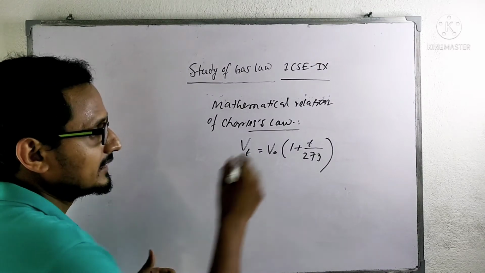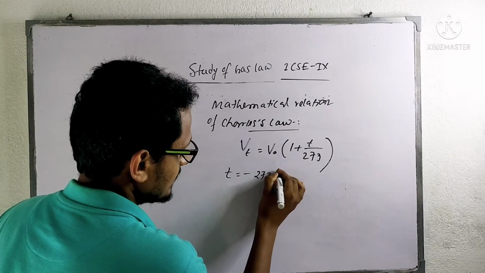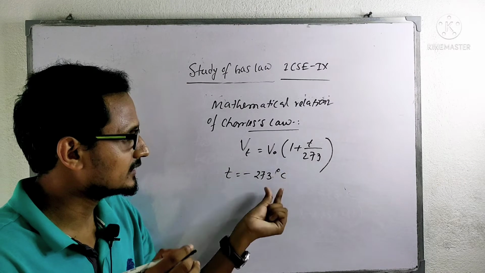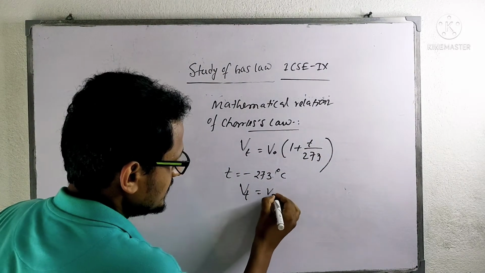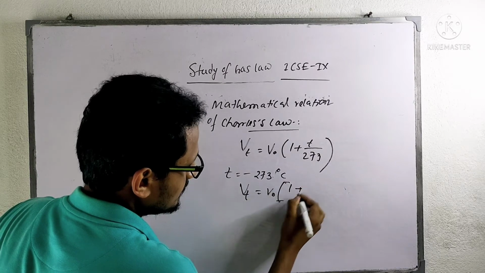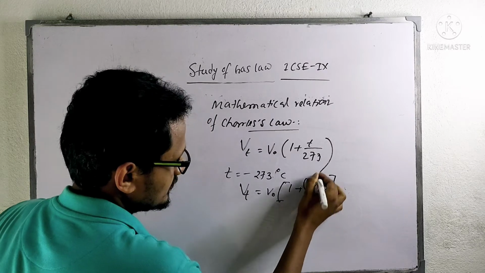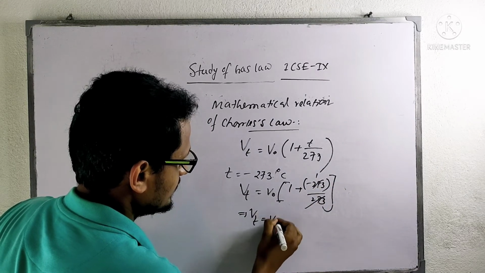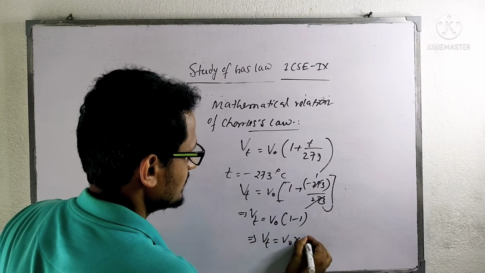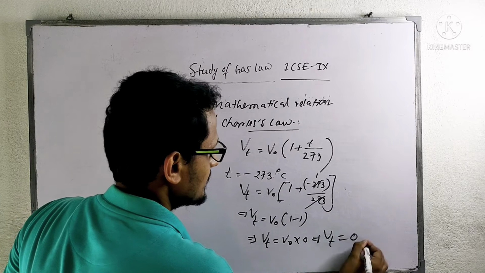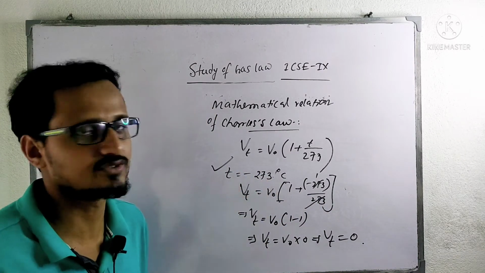So we put the value minus 273 instead of T. Vt equals V0 into 1 plus of minus 273 by 273, so Vt equals V0 into 1 minus 1, so Vt equals V0 into 0. So Vt equals 0. At this temperature the volume of gas becomes 0, and this is called absolute temperature.